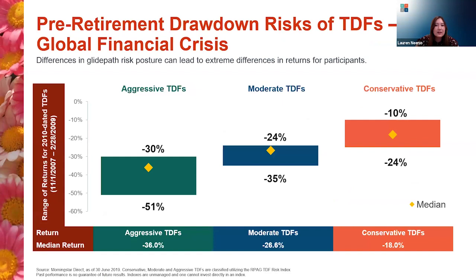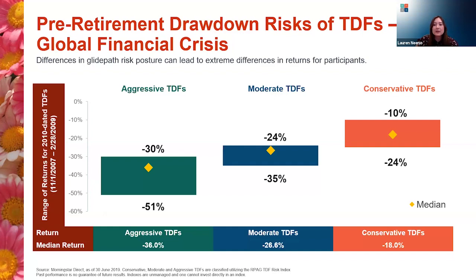So I mentioned the differences between series can be pretty significant, right? An example of that would be if you look at what happened to 2010 dated target date funds during the global financial crisis. This chart is showing from November of 2007 to February of 2009.